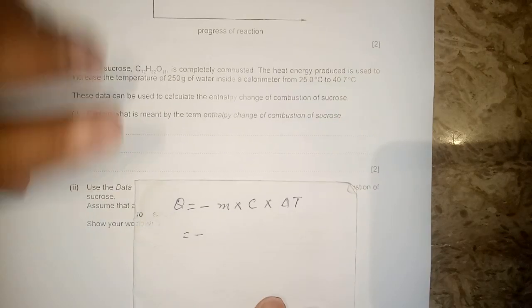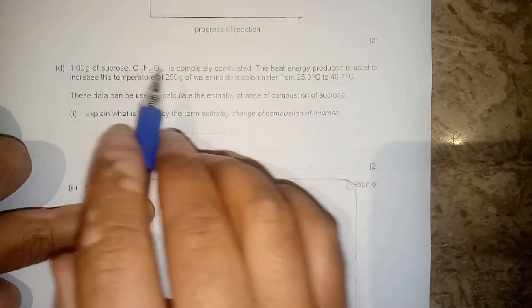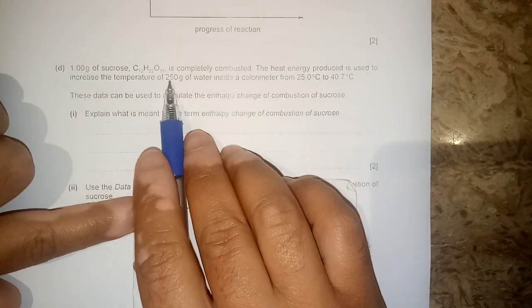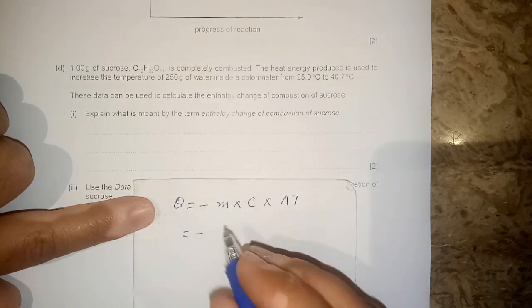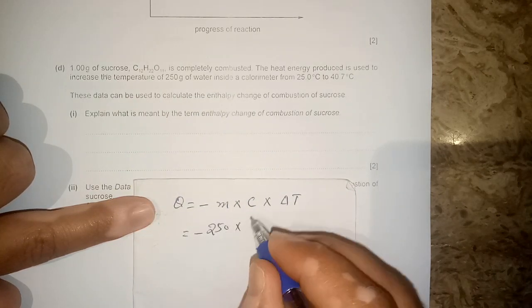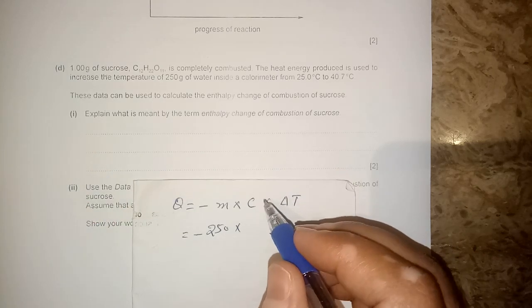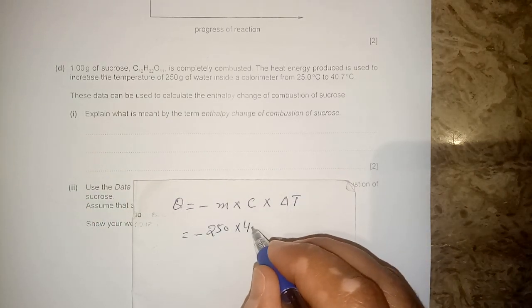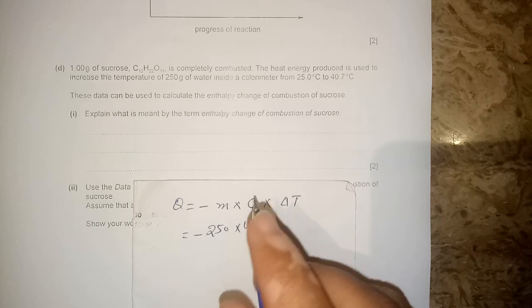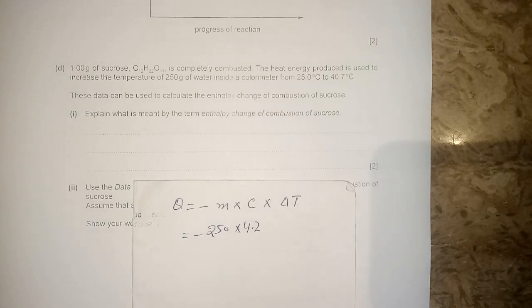Here in this situation, 1 gram of sucrose is burned completely, with 250 gram of water. So the mass of water is 250, times c, the specific heat capacity, whose value is 4.2 or 4.18 according to the data booklet.